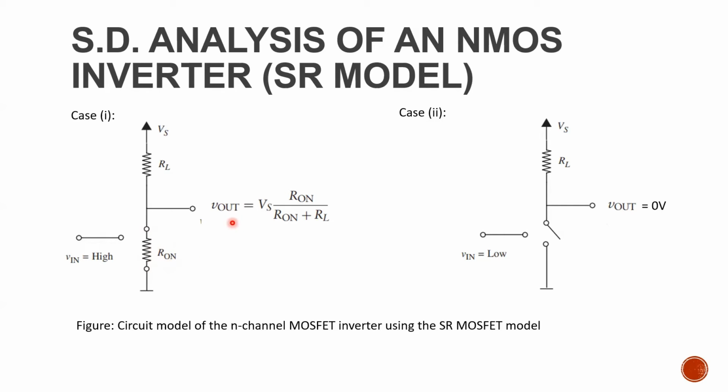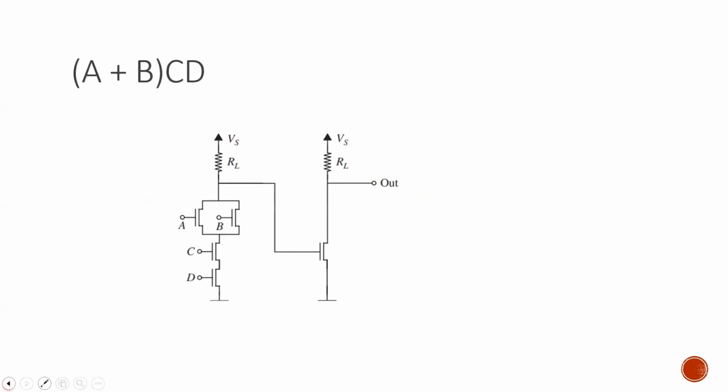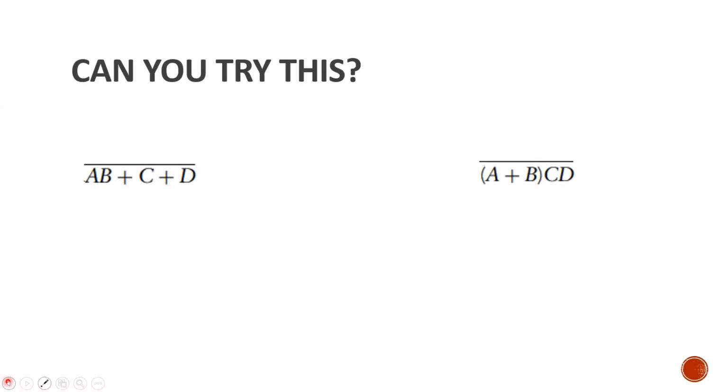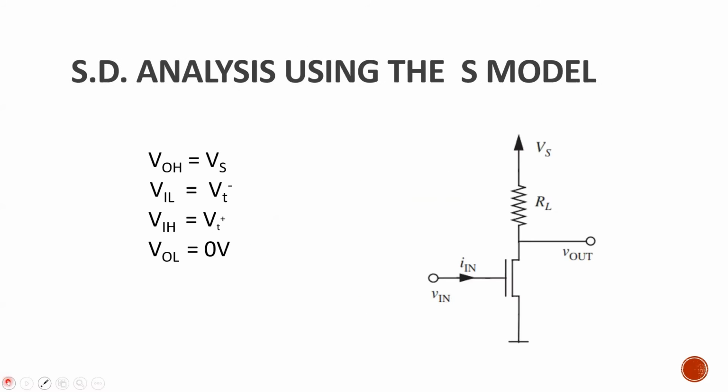Then what is the output voltage? Previously we had Vout as 0. Whenever the device is on, you will get the output as VOL, so this acts like a short circuit, and you get VOL as 0.